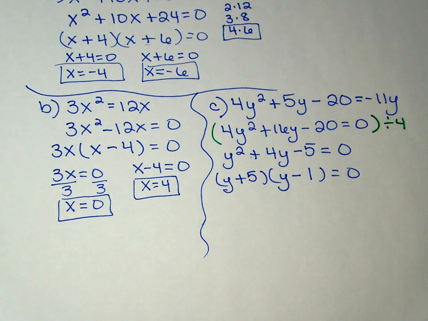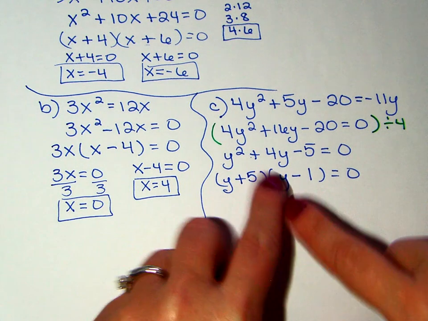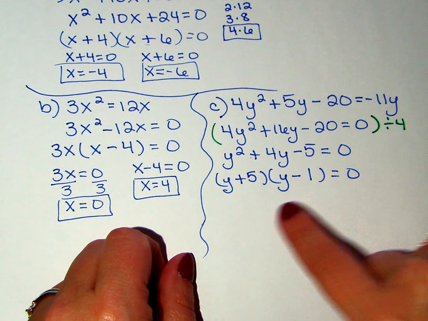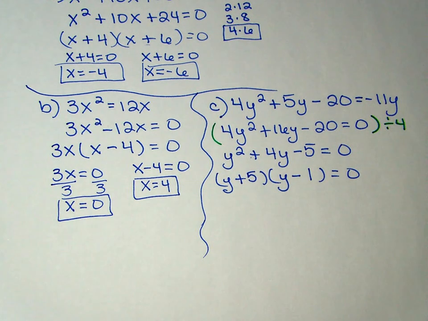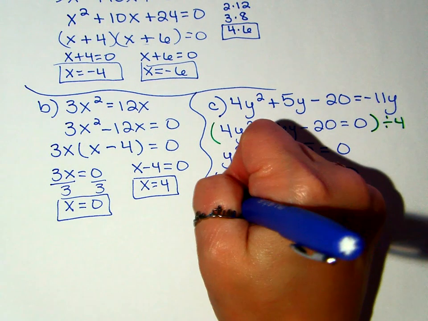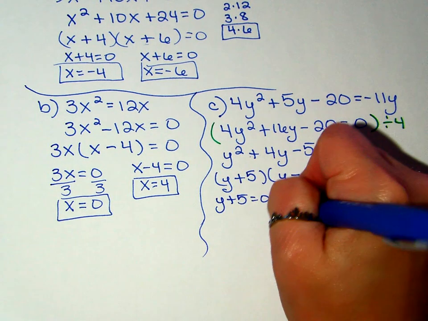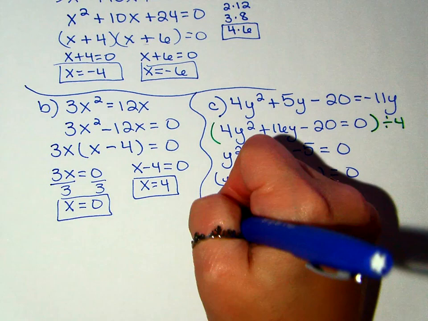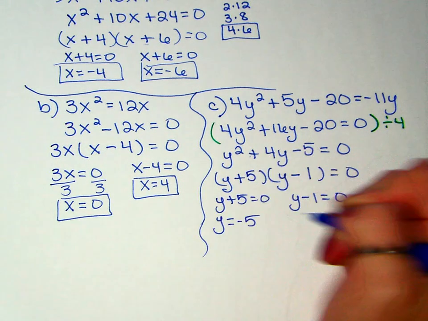If I had switched these, I would have negative 5y plus y, and that's how you would know to move them. But at this point, we have a factor times a factor equals 0. Zero product principle, set each of these equal to 0 and solve. Subtract the 5, add the 1.